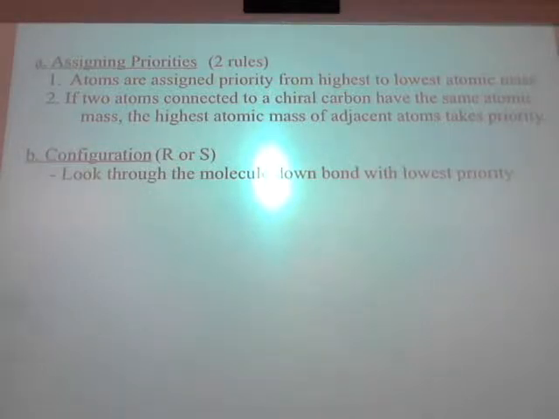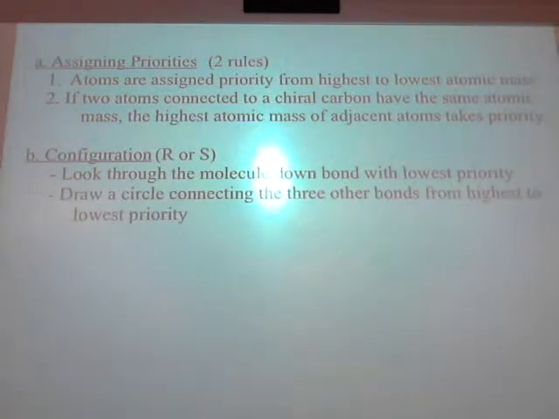And then you will connect, like I just showed you, connect the dots. 1, 2, 3, highest to lowest. Draw a circle, connecting the 3 other bonds from highest to lowest priority. This will tell us whether he's R or S.